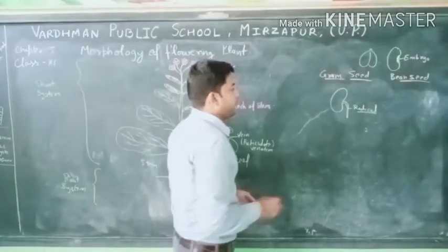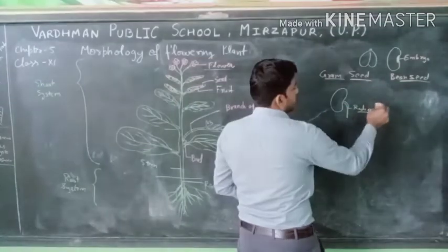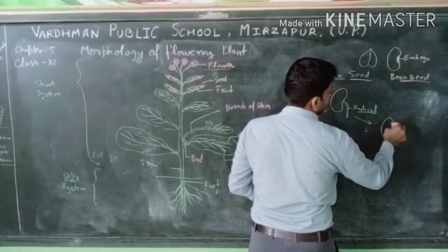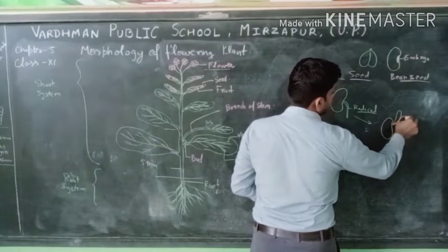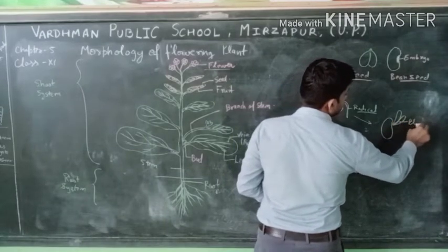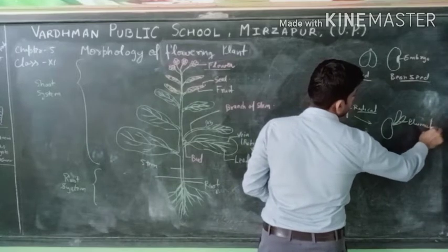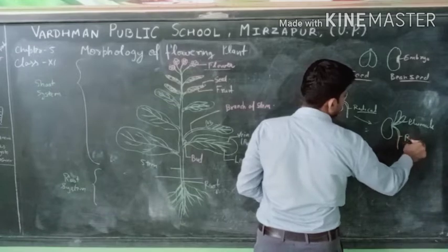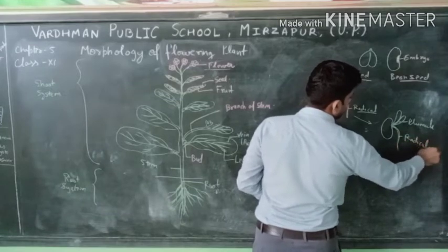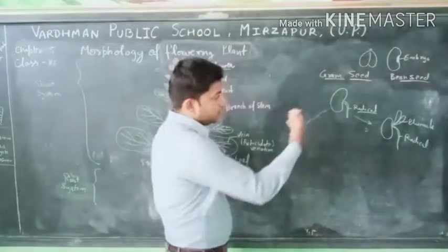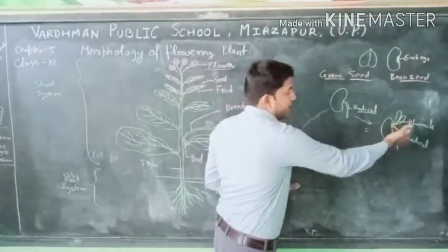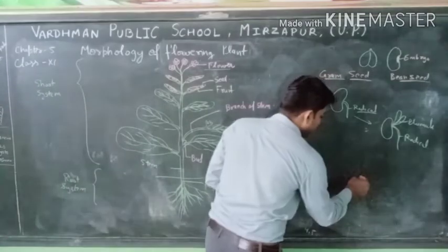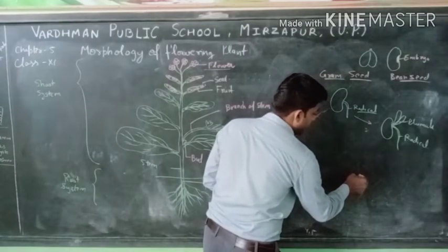After some time, a second growth appears in the seed which is known as the plumule, and the radicle develops firstly. Now this plumule and radicle continuously grow and synthesize the epicotyl and hypocotyl.